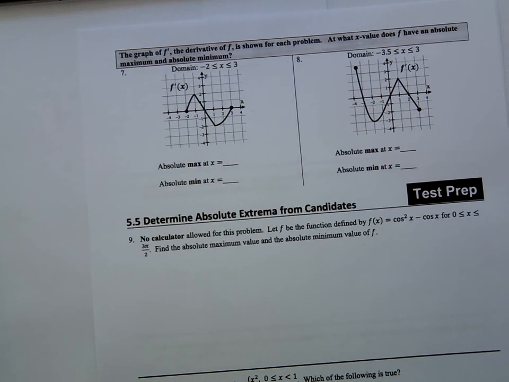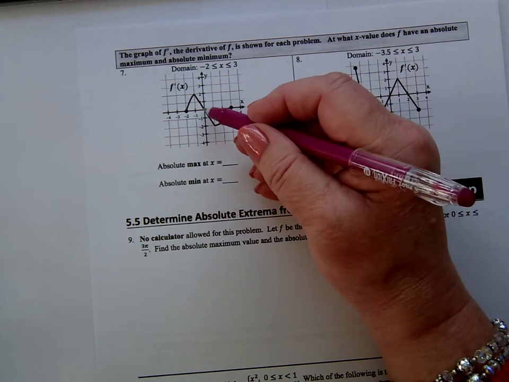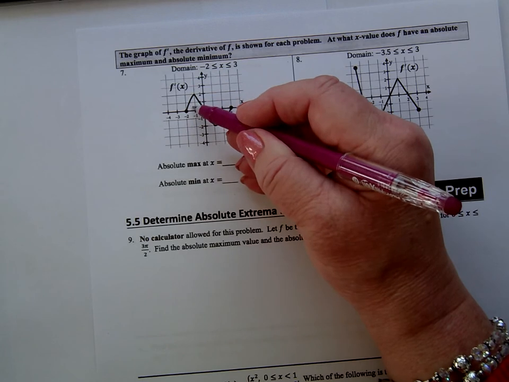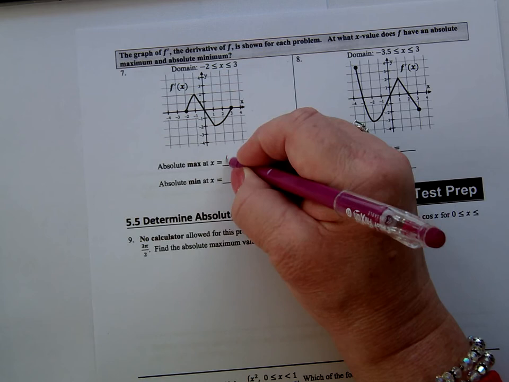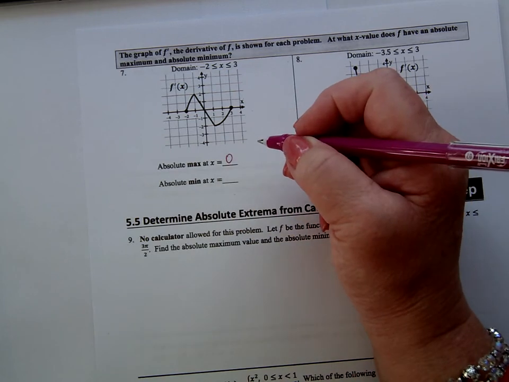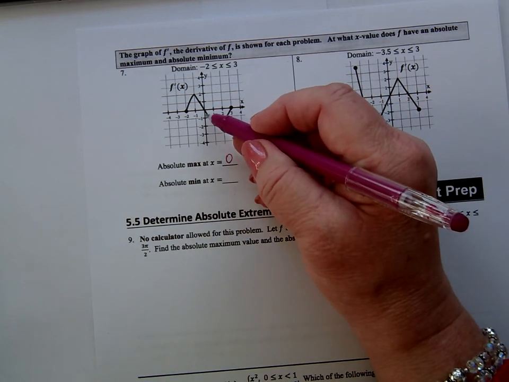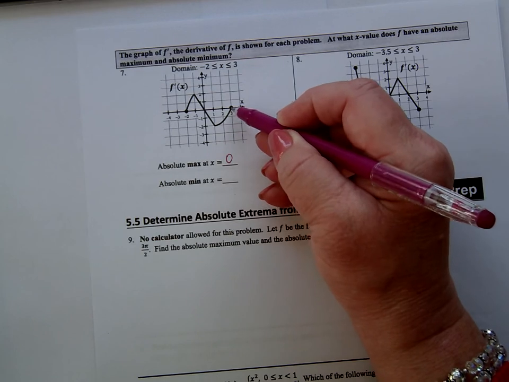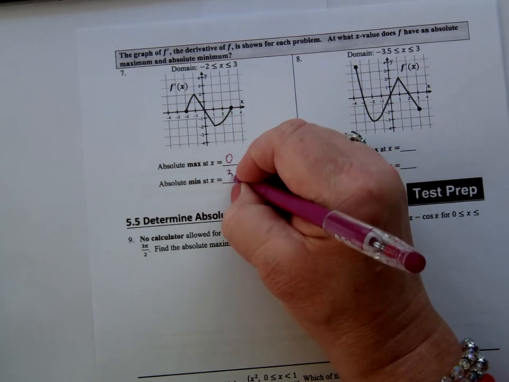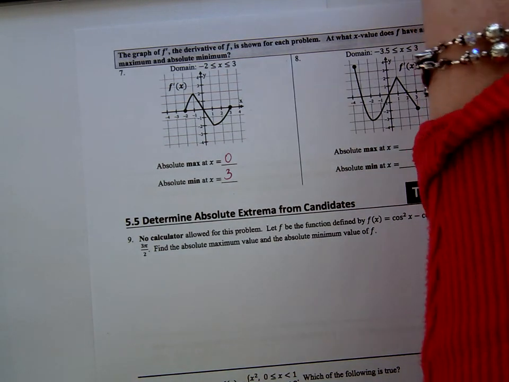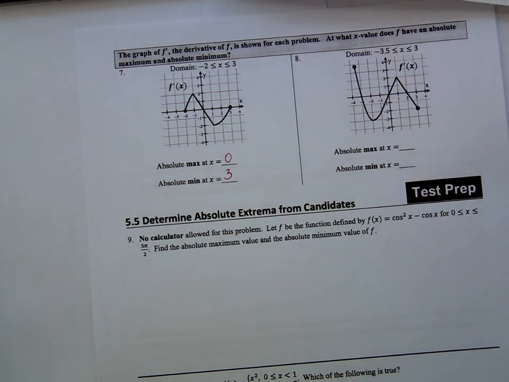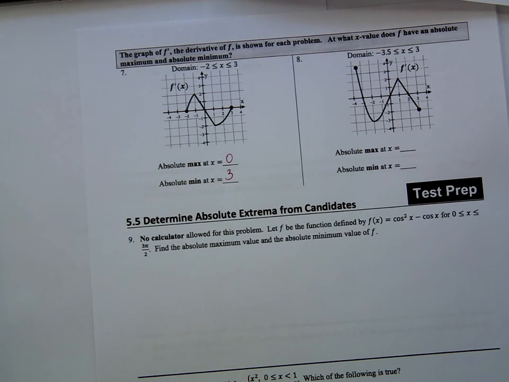And so I'm looking at where do I have the most positive, the absolute maximum, the most positive space would be at 0. So my absolute maximum is at x equals 0. Where my absolute minimum, where do I have the most negative space? That would be down here at 3. A little odd, but that's what it is. And then I think that might be, oh no, one more I picked. Number 12.